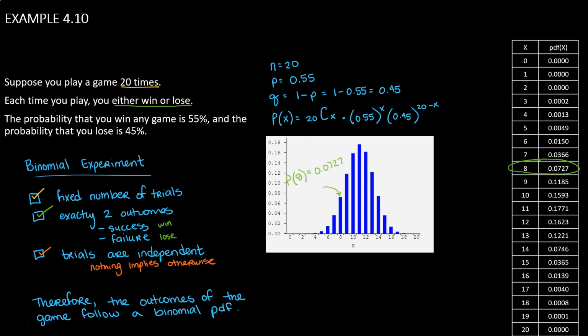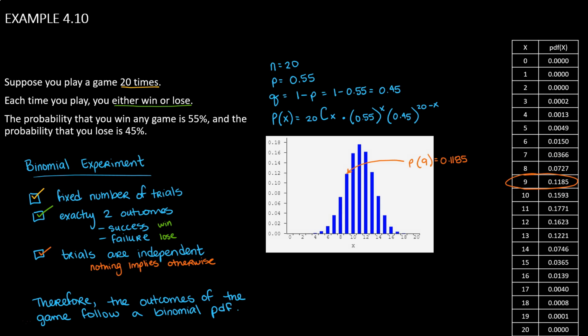In the graphic, we're just looking for the bar above x equals 8 and reading how tall it is. In the table, we're looking for x equals 8 in the first column, and then reading in that row what the probability value is. So either way, we get the same result. We just read them differently.